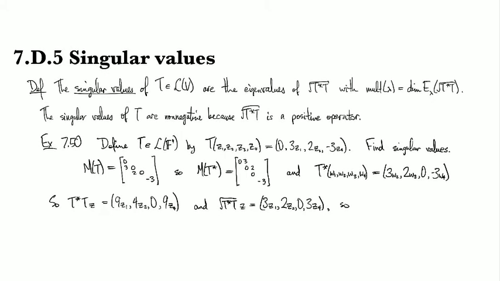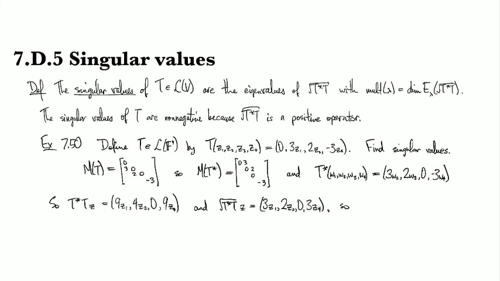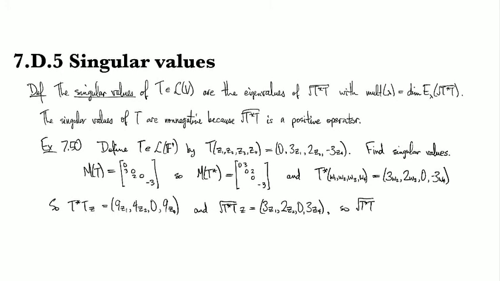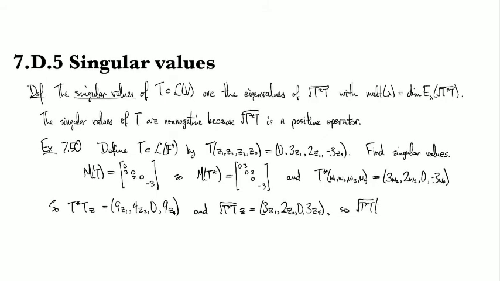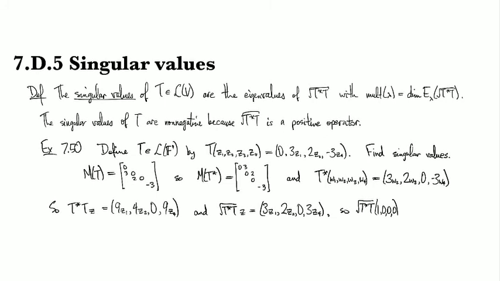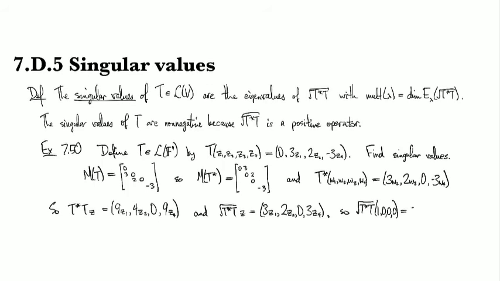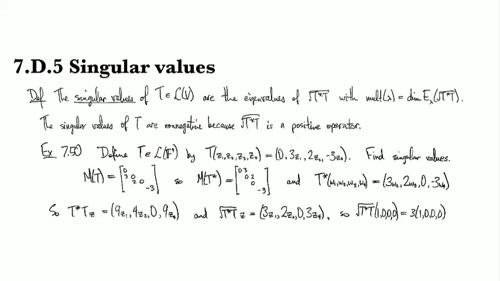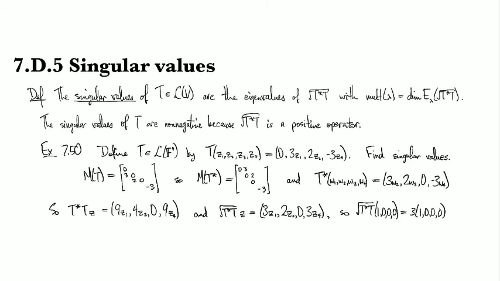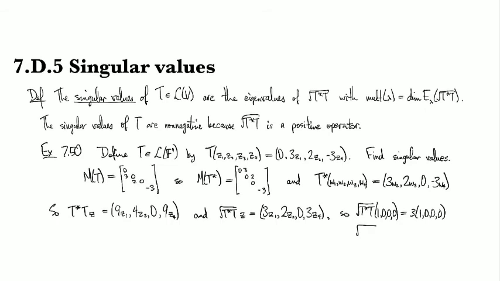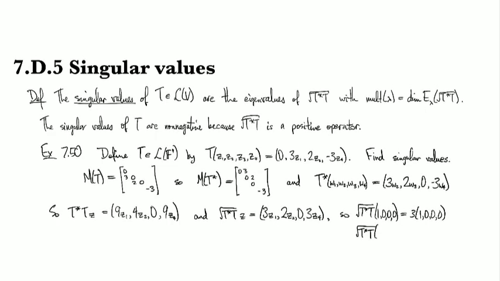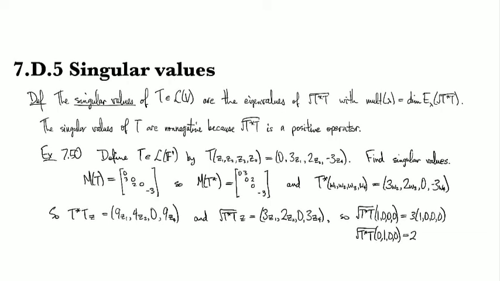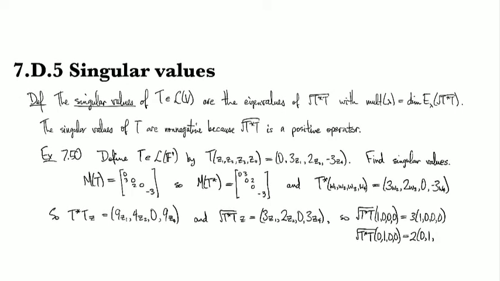So what do we get from that? Let's see. We've got the square root of T star T applied to our first standard unit basis vector, which gives us 3 as an eigenvalue. If we apply it to the second unit basis vector, we get 2 as an eigenvalue.